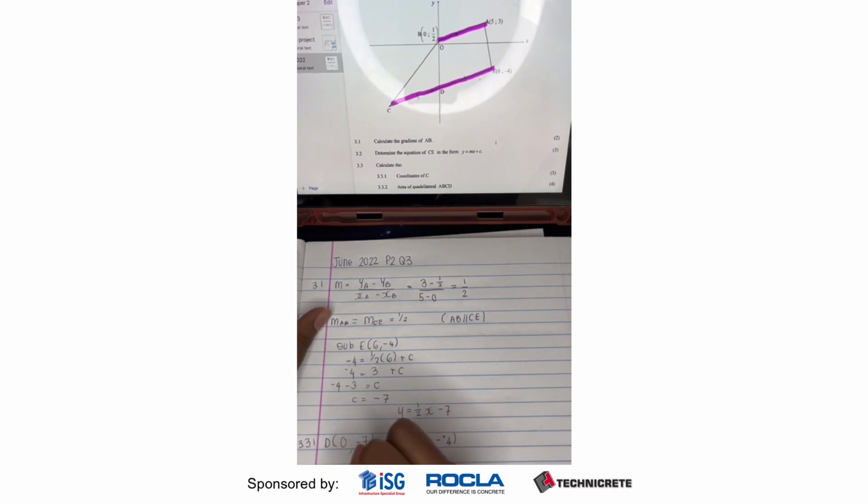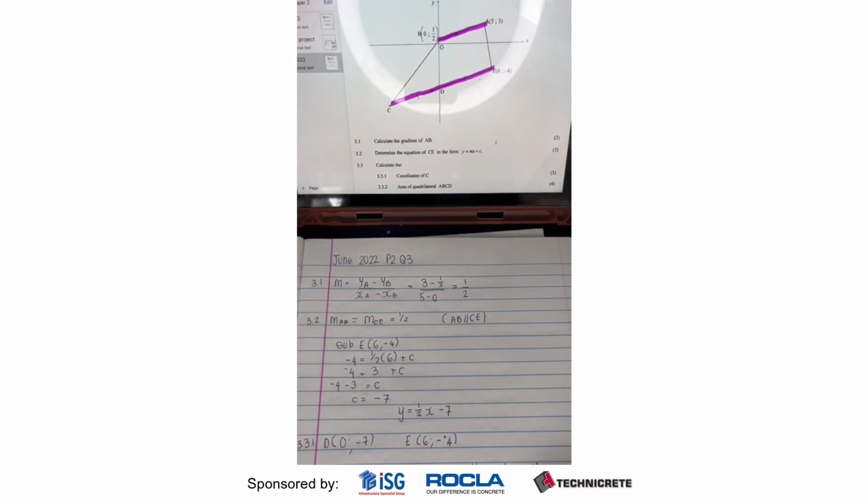So x of C plus x of E over 2 is equal to x of D. That's how we're going to work, and y of C plus y of E over 2 is equal to y of D. Now we can substitute.